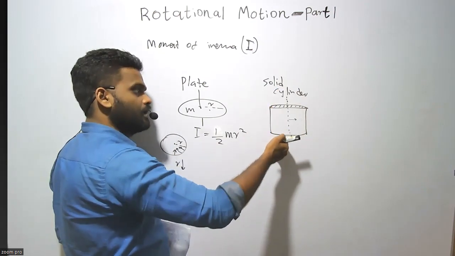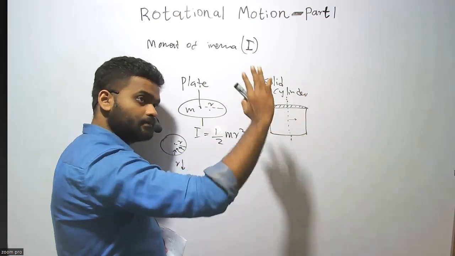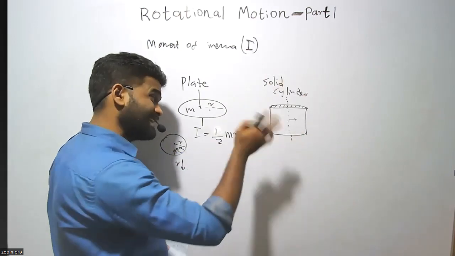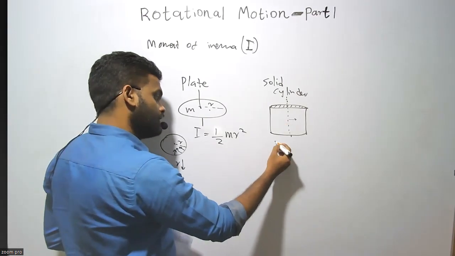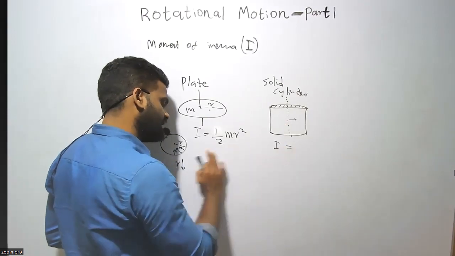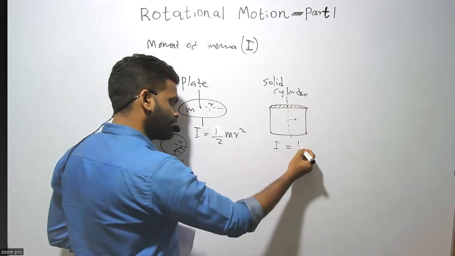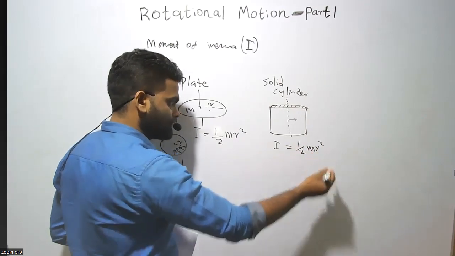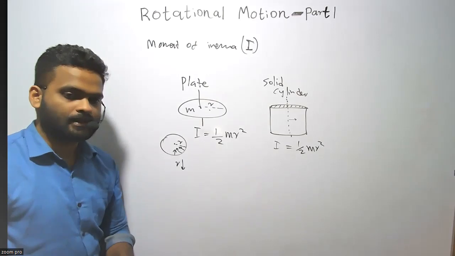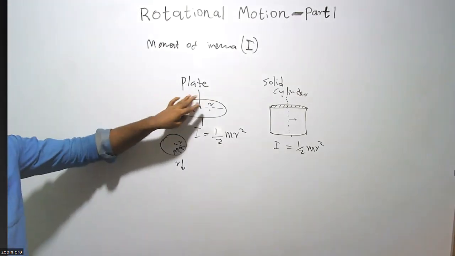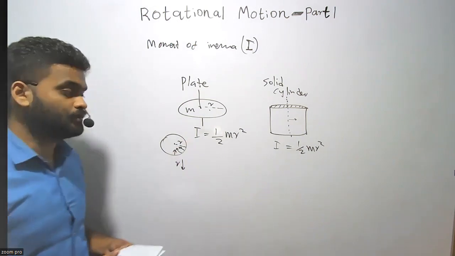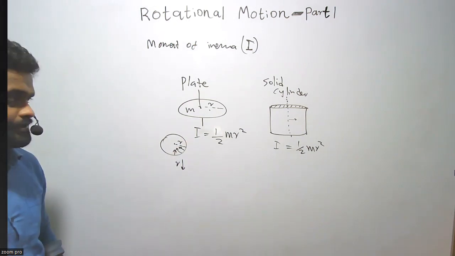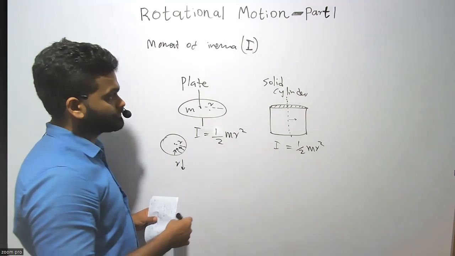So for the hollow cylinder we got mr squared, but for this one we get a lesser value. For this one also it is half mr squared. If you understand that both have the same kind of mass distribution, you understand moment of inertia.